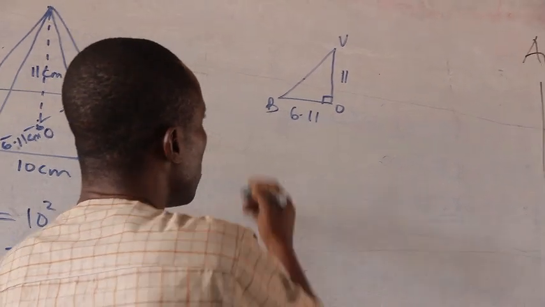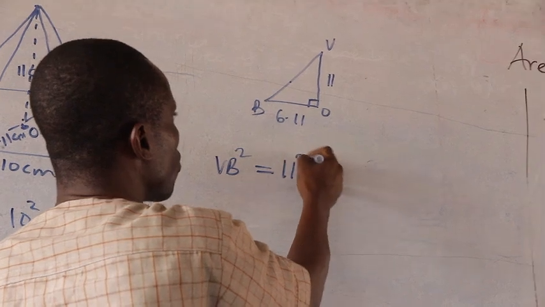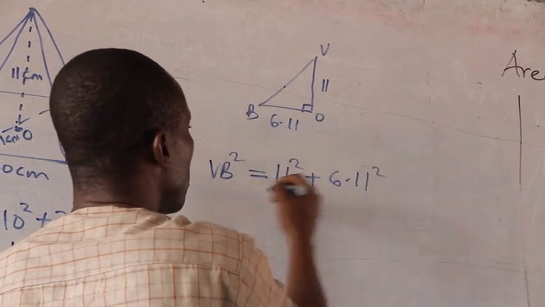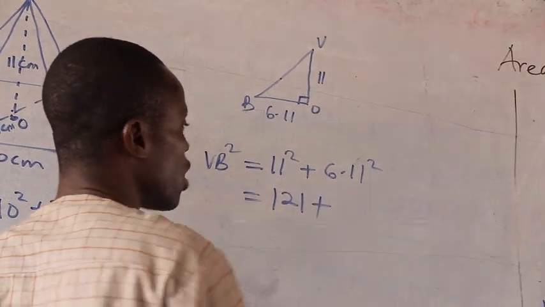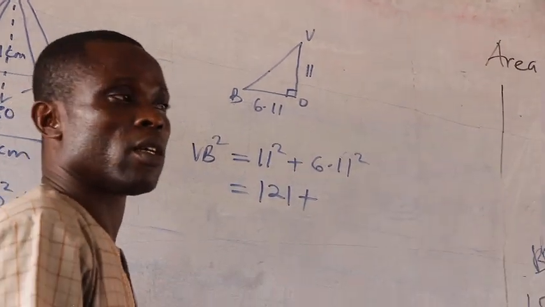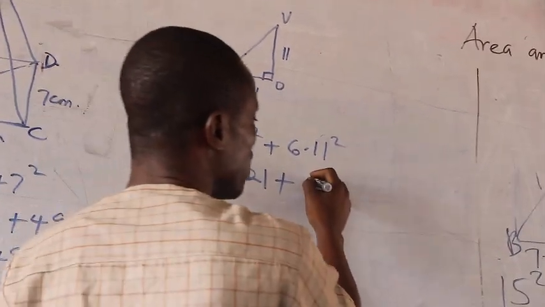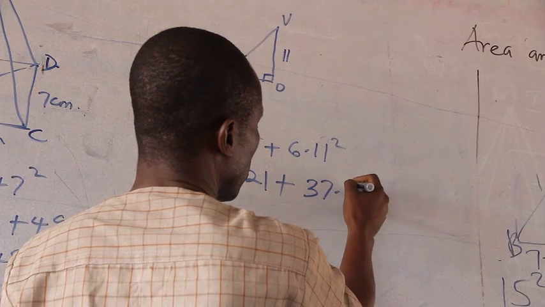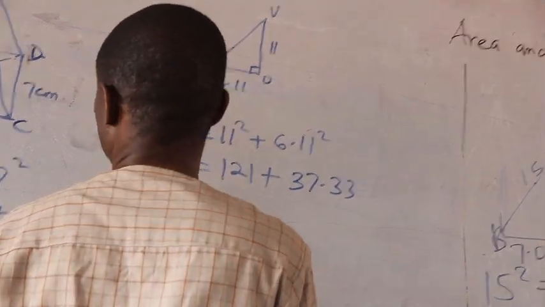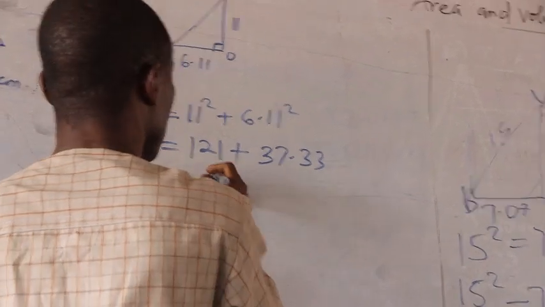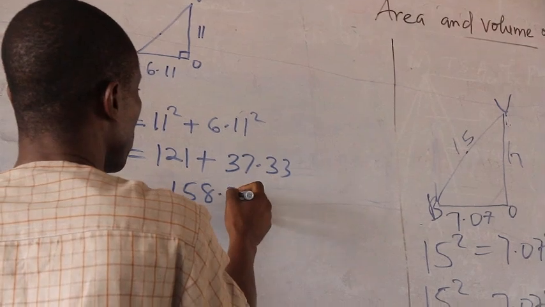We have VB square, which is the longest side, equals 11 square plus 6.11 square. 11 square is 121, and 6.11 square is 37.33. Addition of the two gives 158.33.